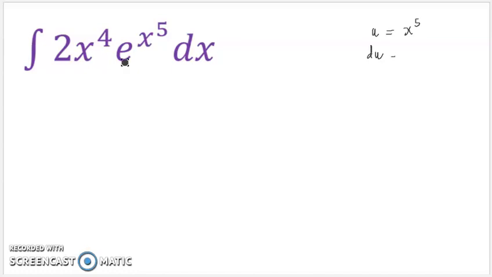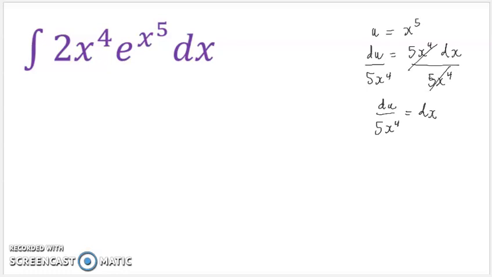Its derivative with respect to x is 5x raised to 4 dx. And getting the equivalent of dx, we divide both sides by 5x raised to 4. So dx can be replaced with du over 5x raised to 4.